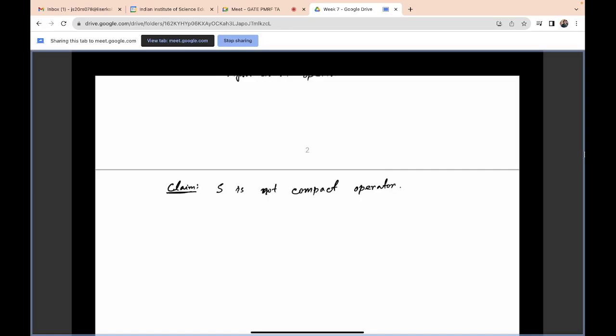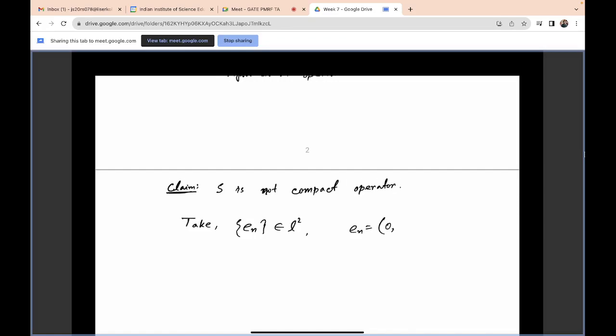So what will be the choice of our bounded sequence? Let's take the sequence to be the En. So this is in L2, right? What is En?